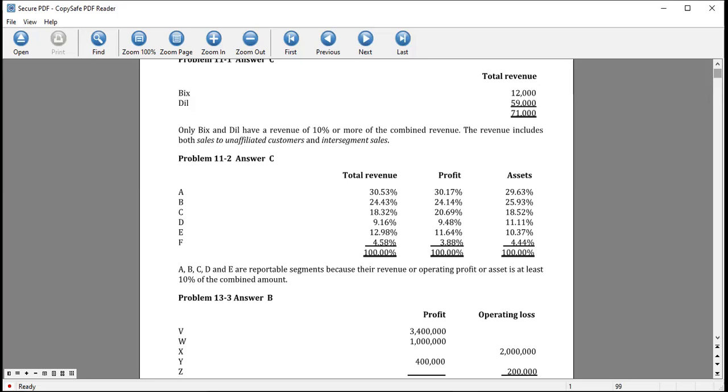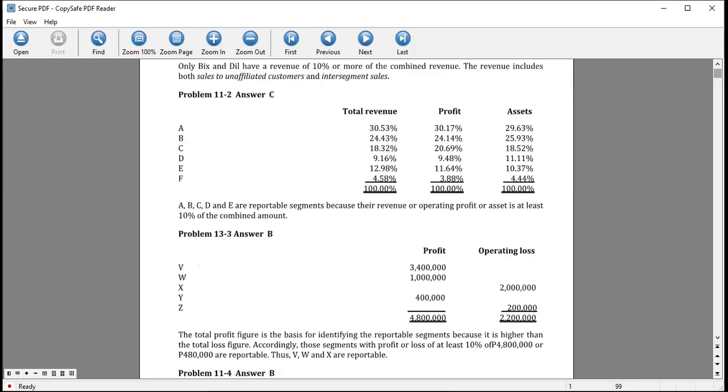So only F is not considered a reportable segment. Take note that in 11-2, it's either based on total revenue or operating profit or assets. That's the possible basis.